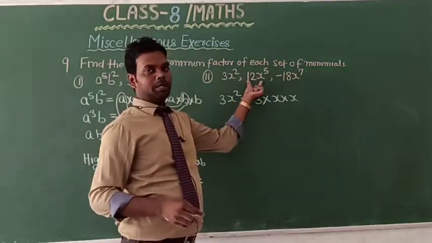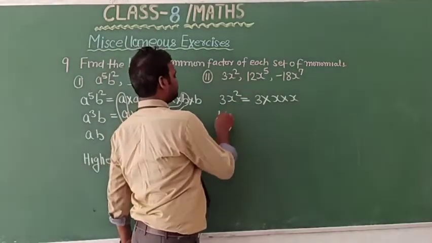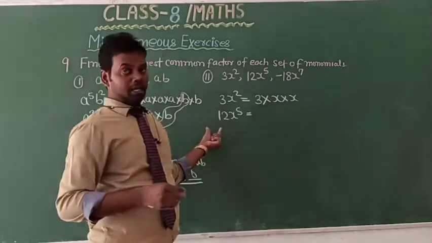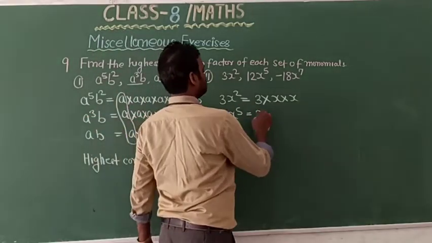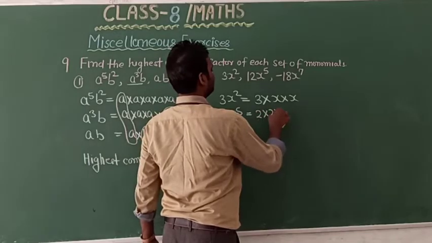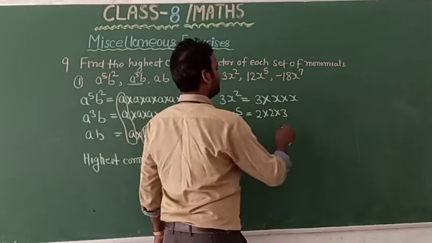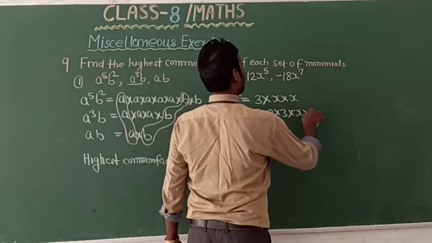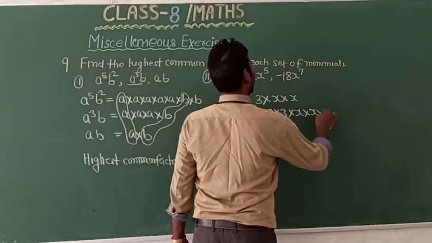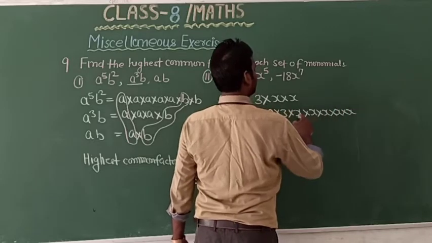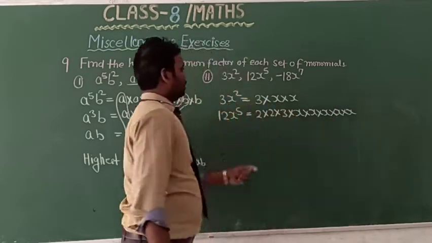And the second monomial is 12 x to the power 5. This is written as the product of 2 into 2 into 3, that is 12, and x to the power 5 written as the product of x 5 times, 1, 2, 3, 4, 5.